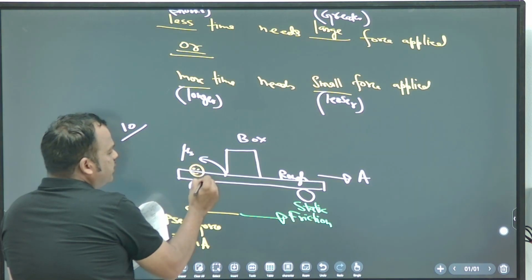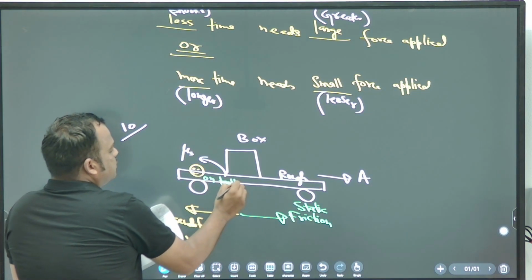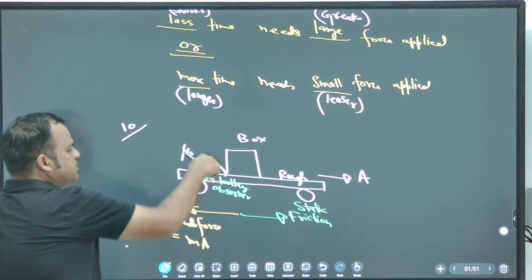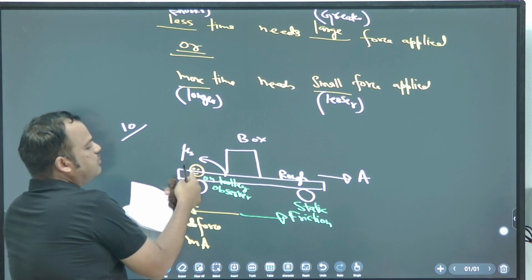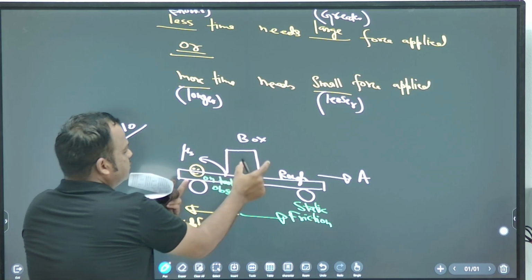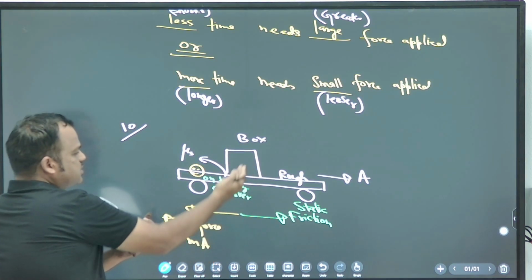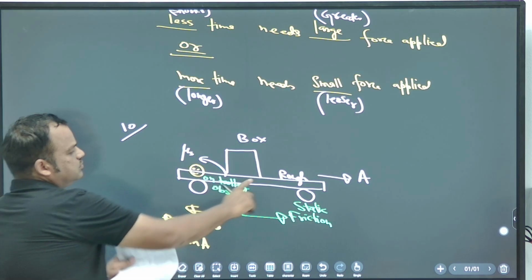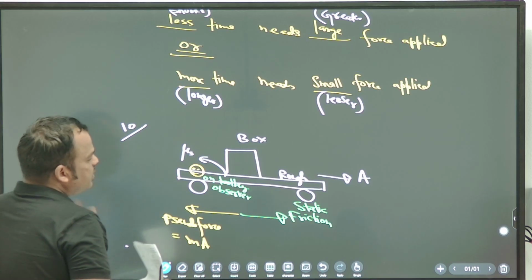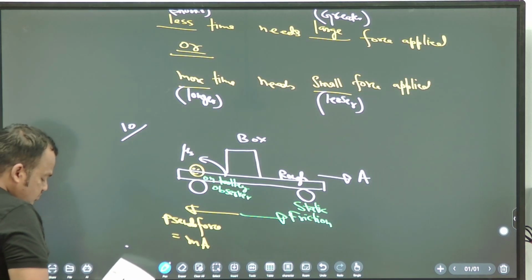The observer is inside the trolley only. So what is this observer seeing? Box is not moving. So pseudo force is left, friction is right. So it is a static friction.